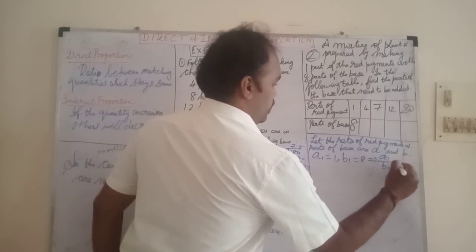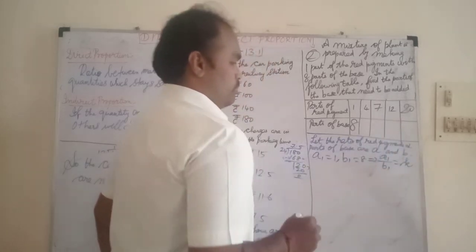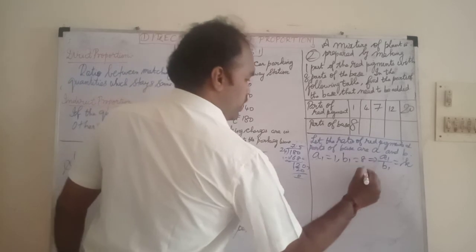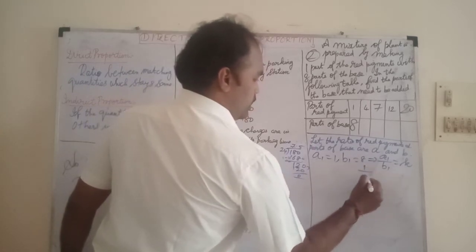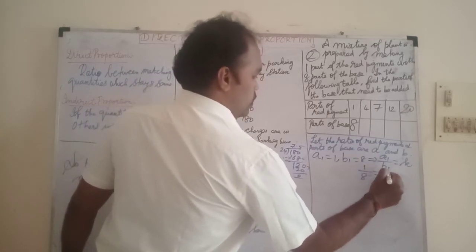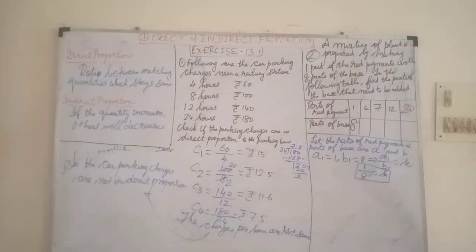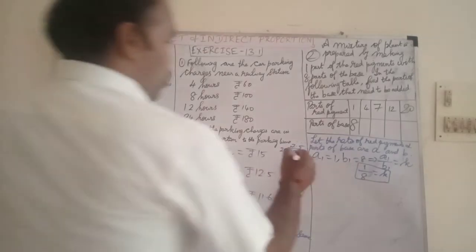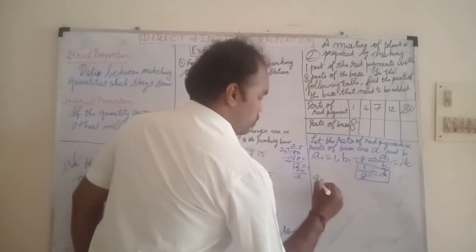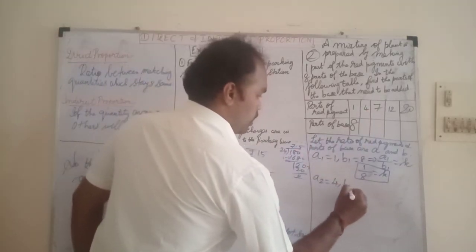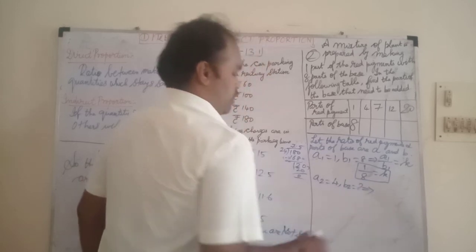A1 by B1 equal to K. A1 is 1, B1 is 8, so K equals 1 by 8. Now the next one: A2 equal to 4, B2 equal to question mark.